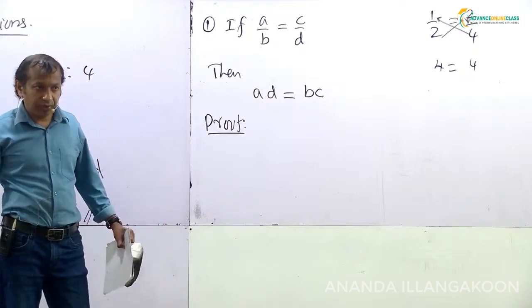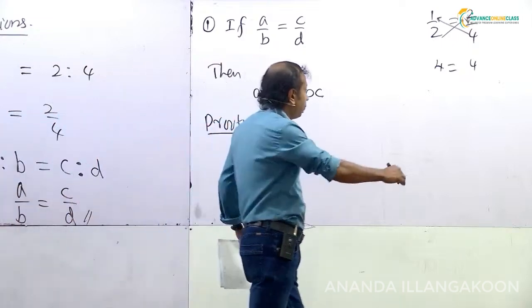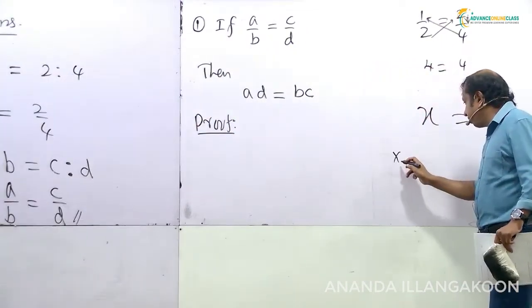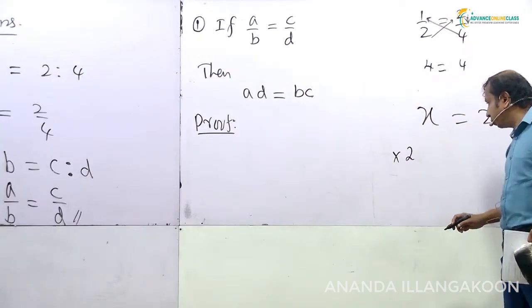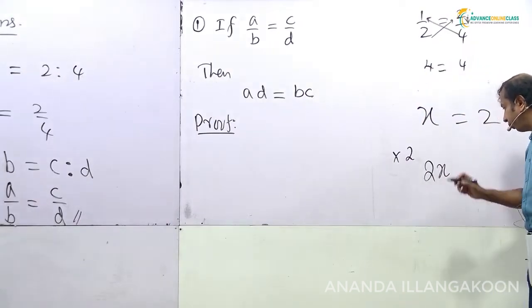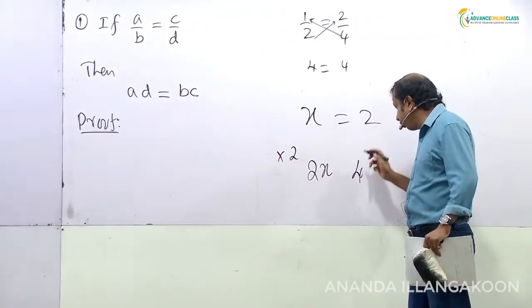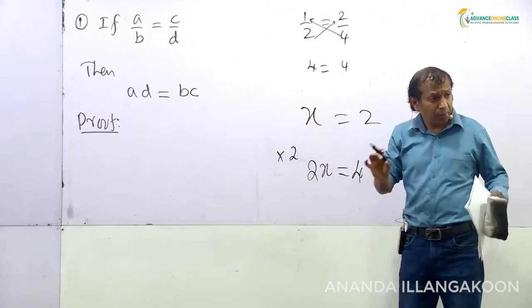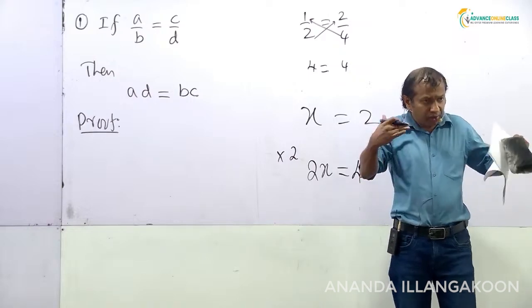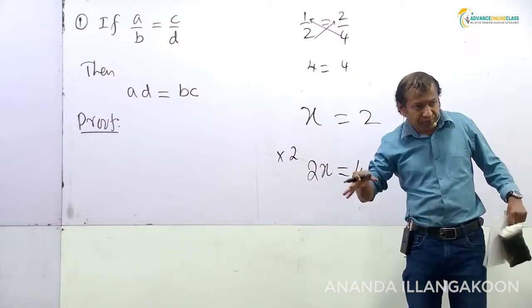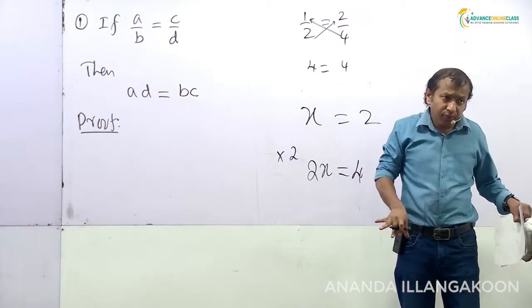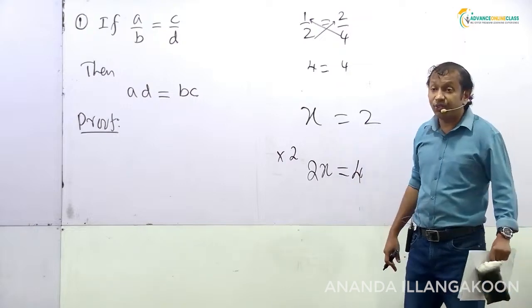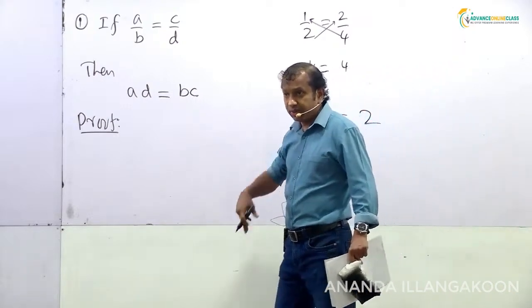You know, when x equals 2, multiplying left hand side and right hand side by 2, left hand side we get 2x, right hand side we get 2 into 4, 2x equals 4. In an equation, left and right, we can multiply by the same value, we can divide by the same value, we can add the same value, and we can subtract the same value. Those axioms you learned in your smaller grades.